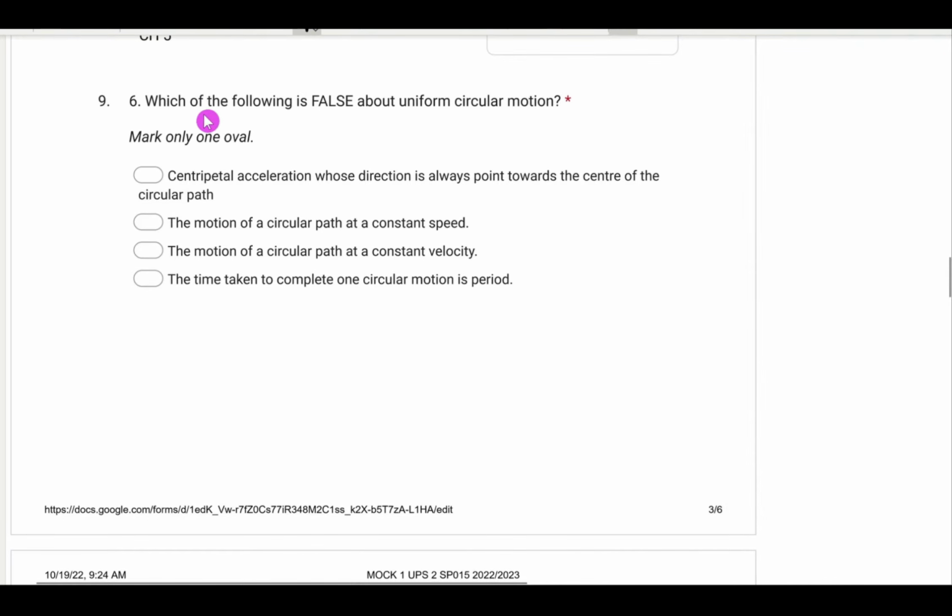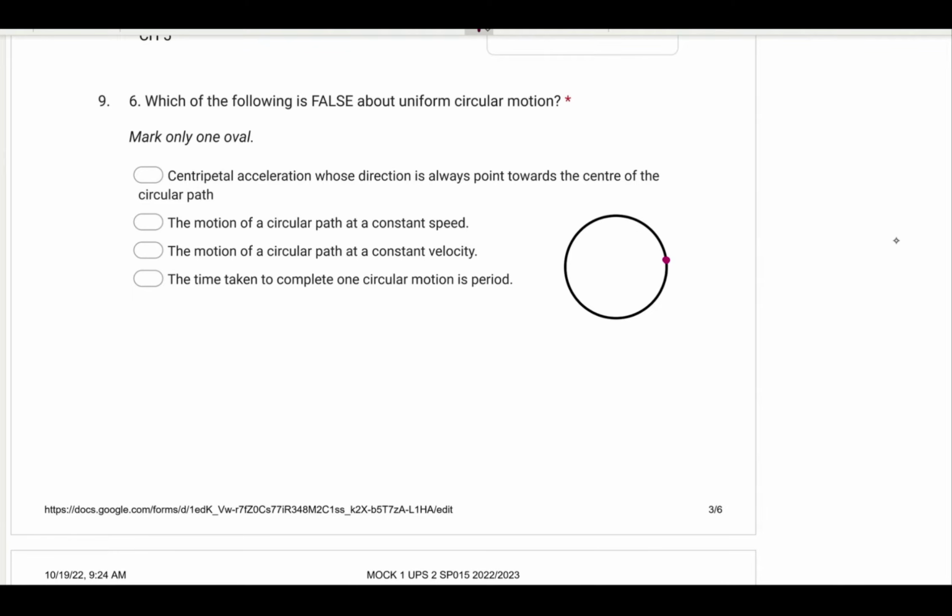Question number 6. Okay. Which of the following is false about uniform circular motion? Okay. So remember uniform circular motion. Alright. So let's say here we have a circle. Okay. And then if we have an object here. Okay, so let's say here we have V, so the direction of the speed.